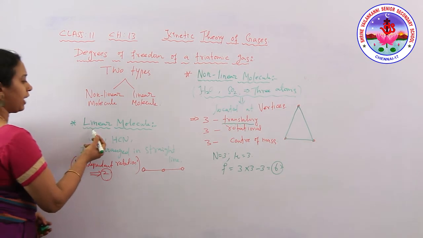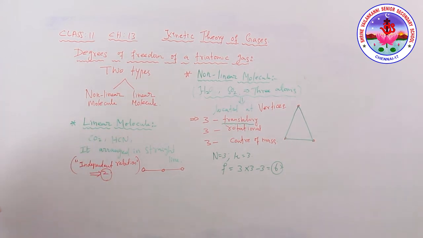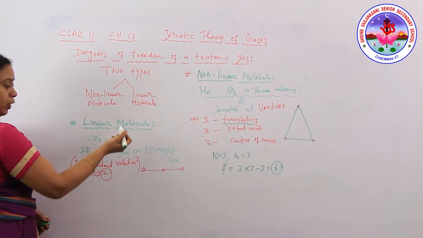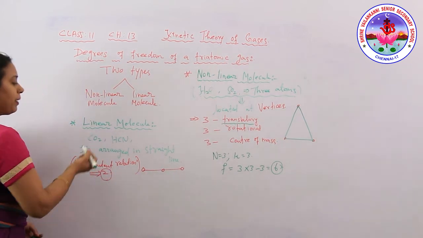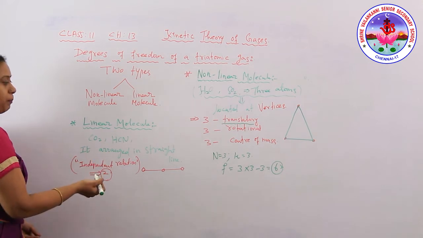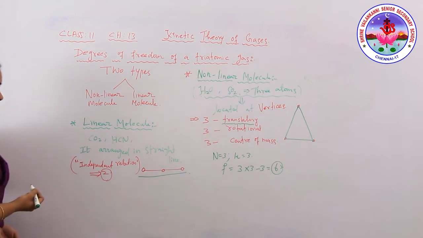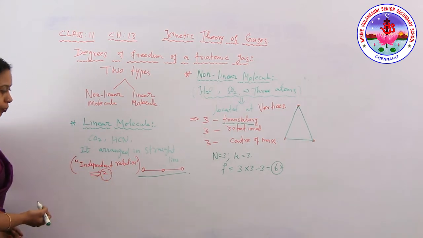Versus that, we have the linear molecule. Here the triatomic molecules are arranged in a straight line. You can take CO2 or HCN or any triatomic molecule arranged in a straight line. So the independent relation for this will be 2.